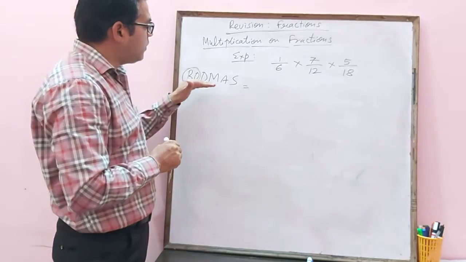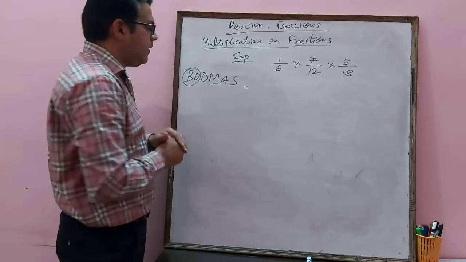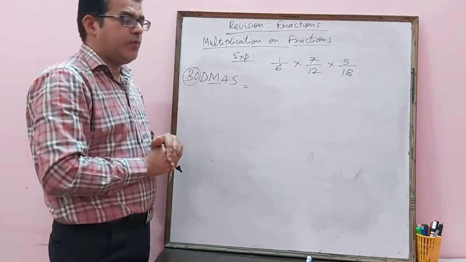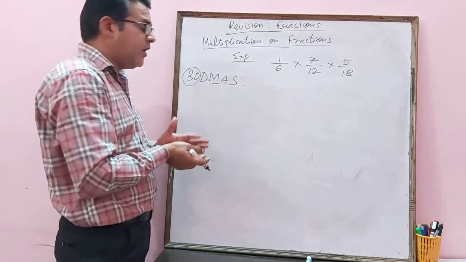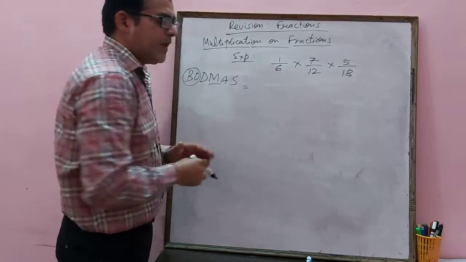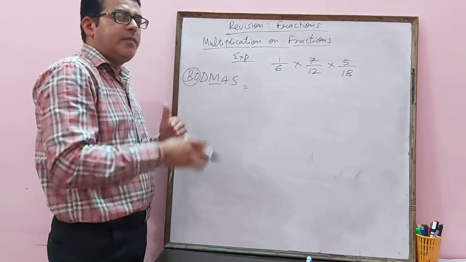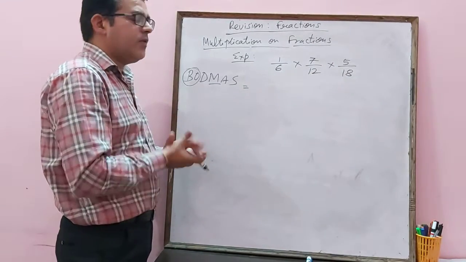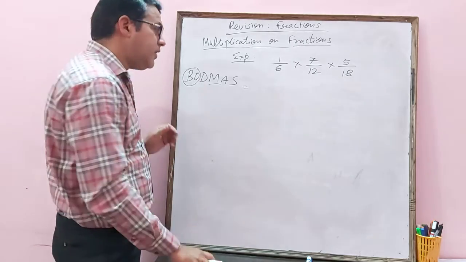So according to this rule, multiplication we have to perform. Only multiplication we have here. So according to the rule, first we can multiply the first two fractions. Where we find multiplication first, we have to multiply them, right?